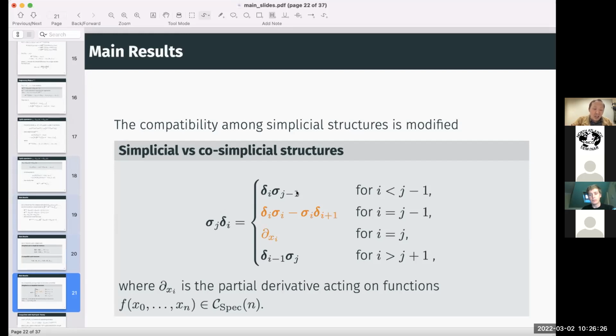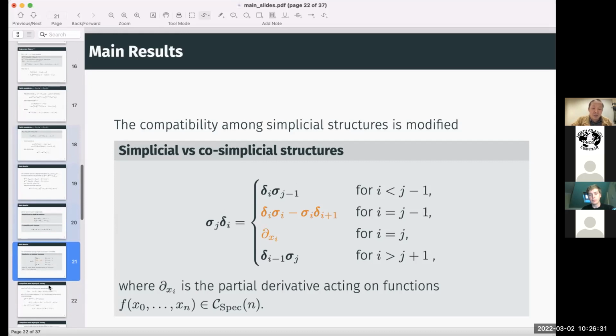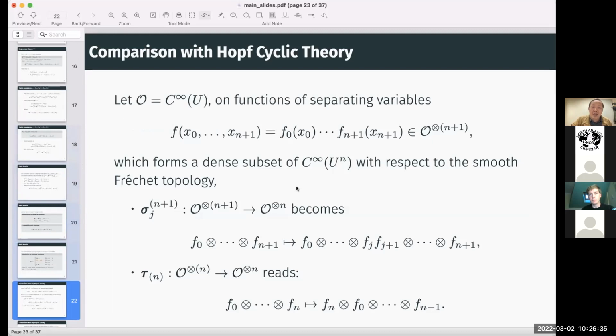But instead of doing this tedious computation, I would like to give a conceptual proof by making a comparison with the Hopf-cyclic theory. So now I would like to specialize to functions of separated variables, like n-variable functions that can be written as a product of one-variable functions.